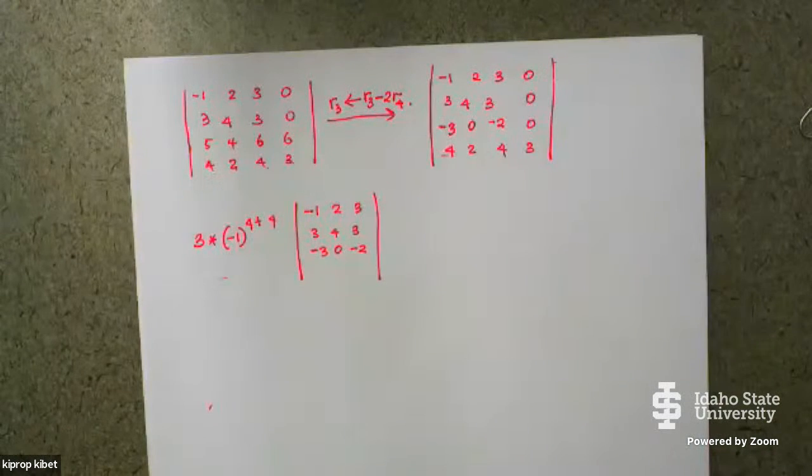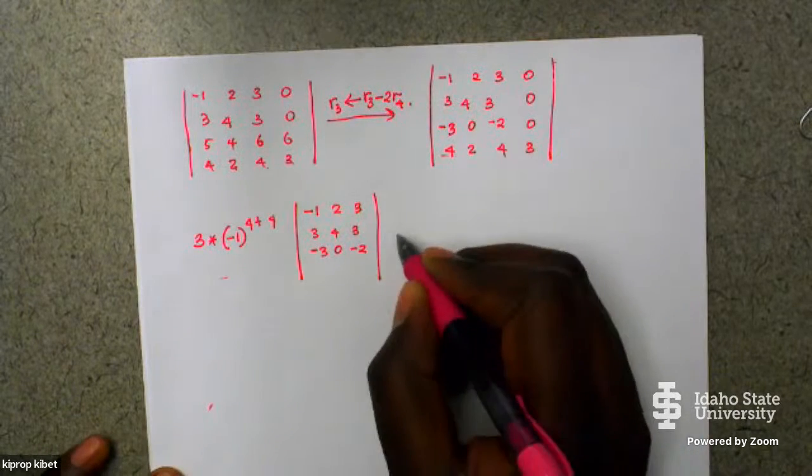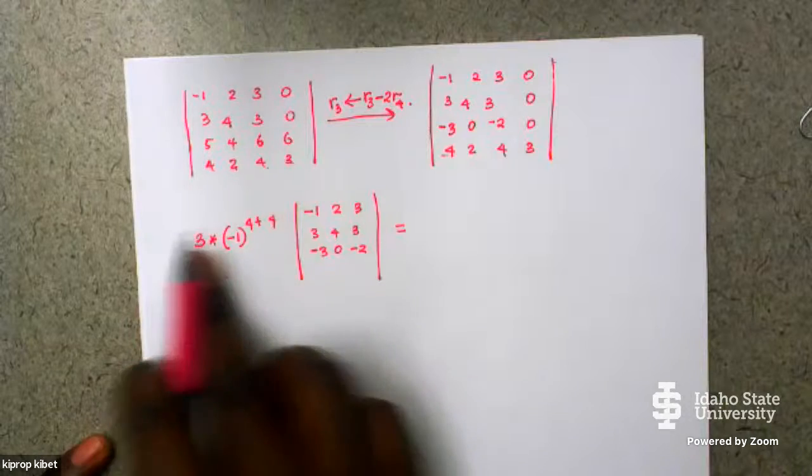Okay, so that's how we do it. Now, again, this has a 0 here. Since this has 0 here, you can also use the reduction method. You can still make this one 0.